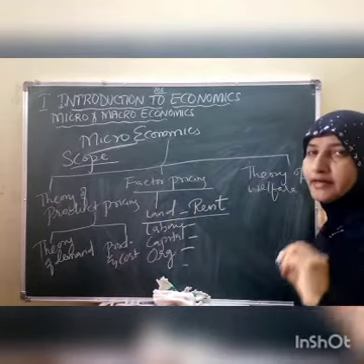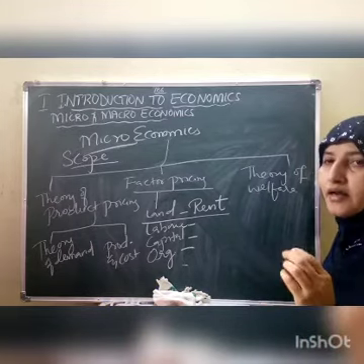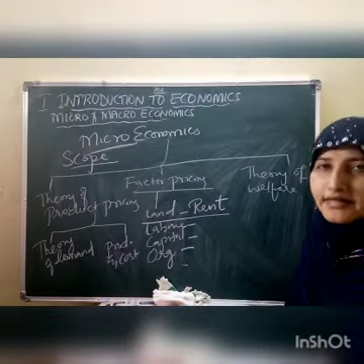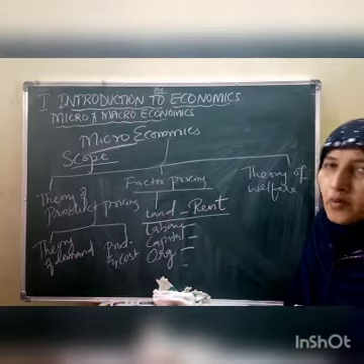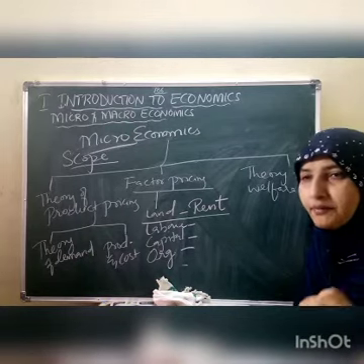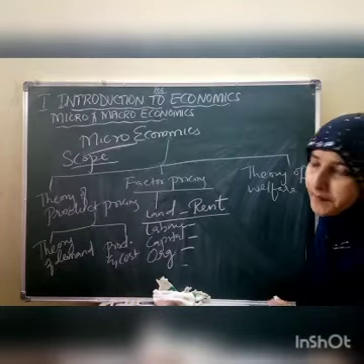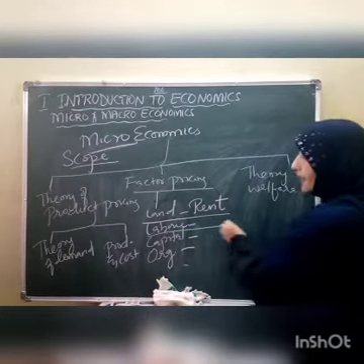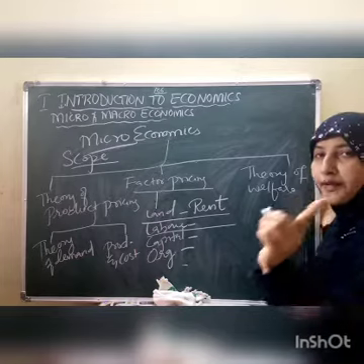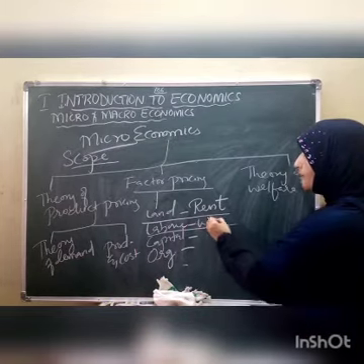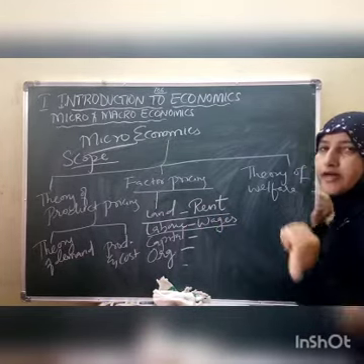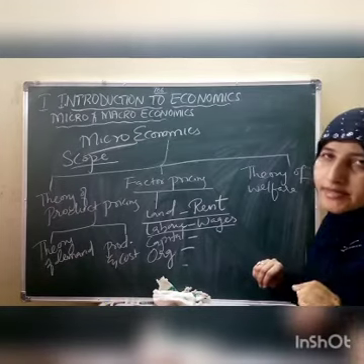If I am the industrialist hiring a building on rent for my work, every month I have to pay the rent of that building. Next one, labor. Laborers are working, but what do you pay the laborers? You pay salaries, which we call wages.